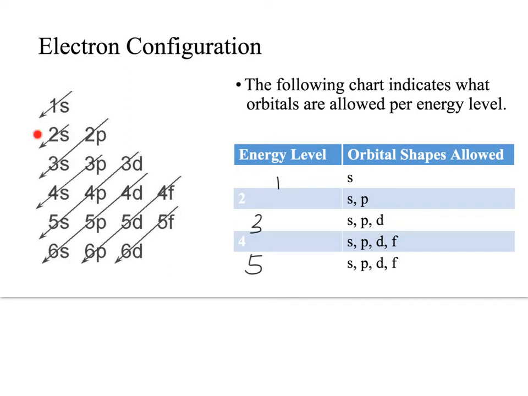But on level 2, you can have S and P. Level 3, you can have S, P, and D. And level 4 onwards, you can actually go all the way to F. 6 also would have F, despite what this chart says. We just don't actually have any elements in the 6F block, so we just didn't write it in that chart. But again, S goes with 2, P is 6, D is 10, F is 14. And energy level 1 is S, then we have SP, SPD, SPDF, all the way onwards.